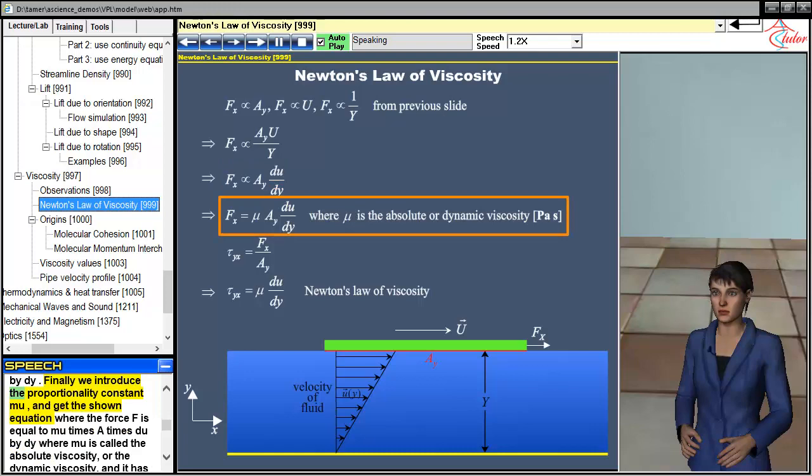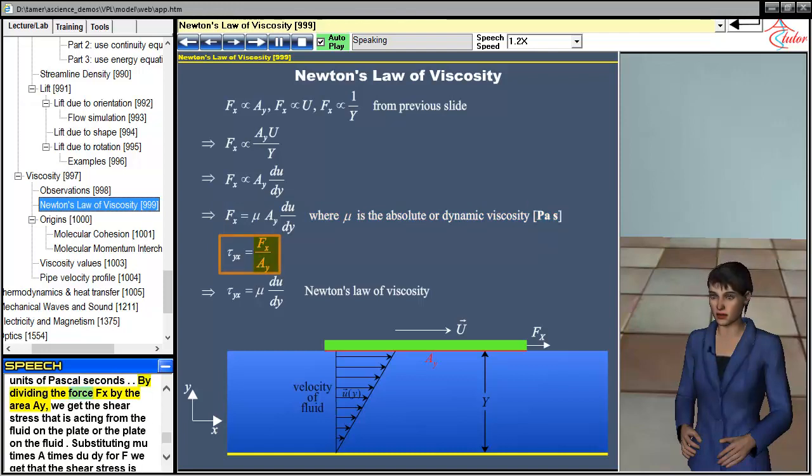Finally, we introduce the proportionality constant mu, and get the shown equation, where the force F is equal to mu times A times du by dy, where mu is called the absolute viscosity, or the dynamic viscosity, and it has units of Pascal seconds.